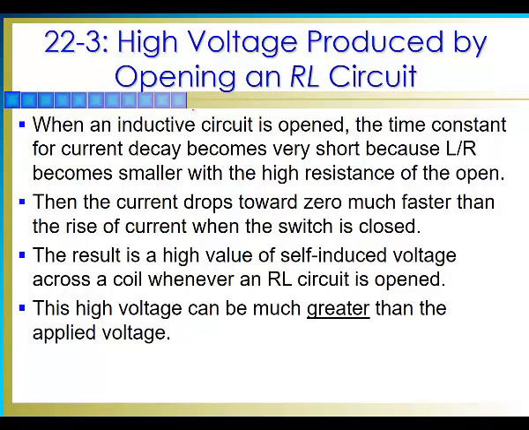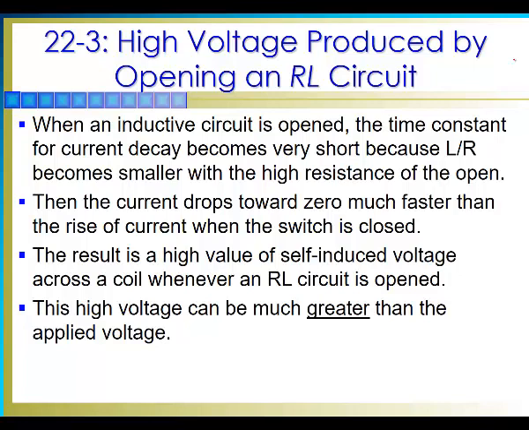Okay, so when an inductive circuit is open, the time constant for the current decay becomes very short because the time constant L over R becomes smaller with the high resistance of the open. Then the current drops towards zero much faster than the rise of current when the switch is closed.